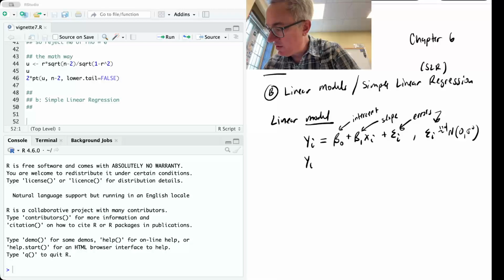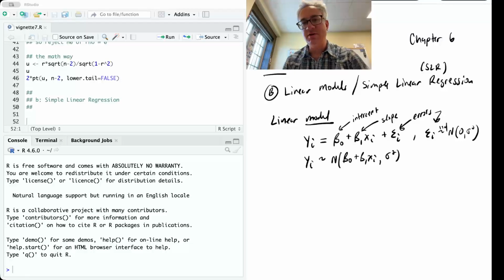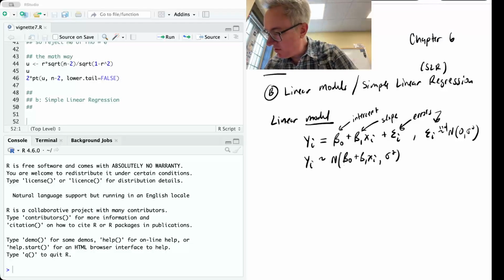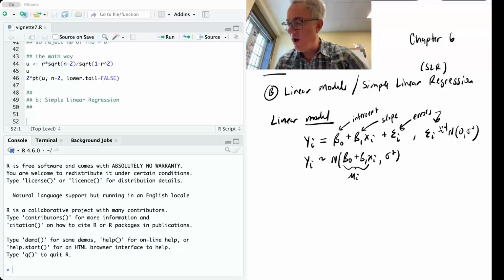Sometimes you'll see this written a little bit more compactly, where the linear equation is inside the mean of the Gaussian distribution. So it's a little bit like this is a mu i, to make a connection to chapter 2 or chapter 3 from the book.